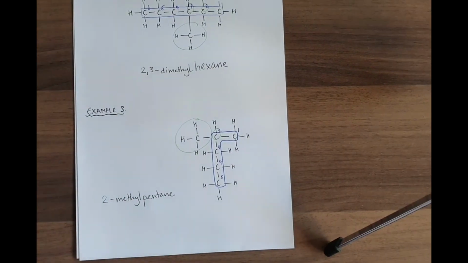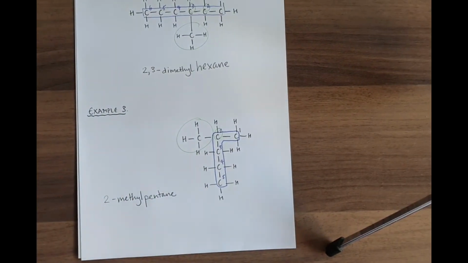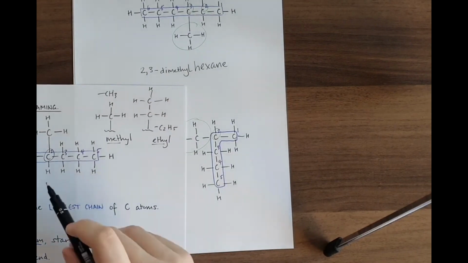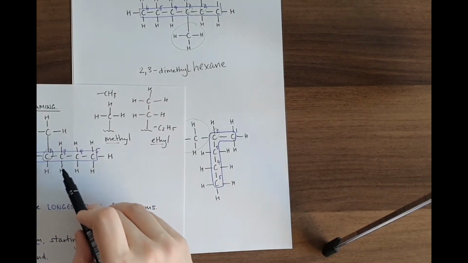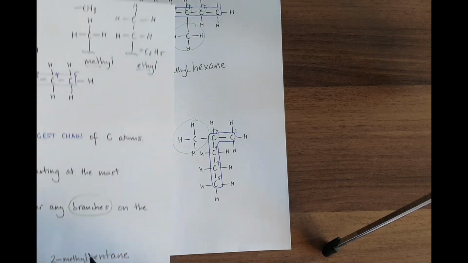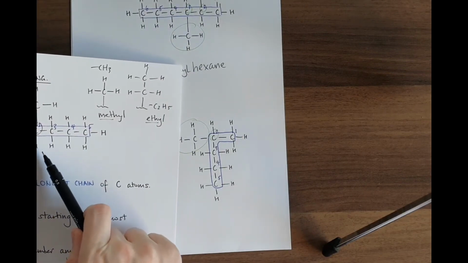And the reason why I've chosen this example is because if we think back to the previous video, this is actually the exact same compound that we named before. This here is also 2-methyl pentane. I've just drawn it slightly differently.